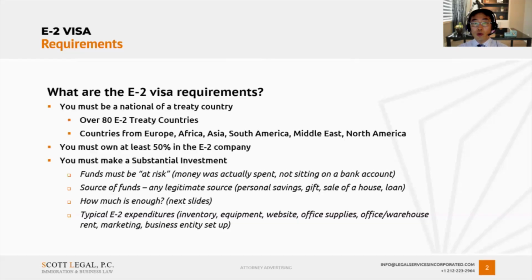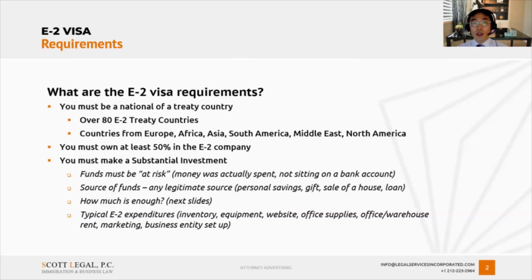But you have to make sure that you have at least 50% ownership, and this requirement continues when you try to renew your E2 visa later on. So you should consult with an immigration attorney whenever there is any change of ownership structure in your E2 business.